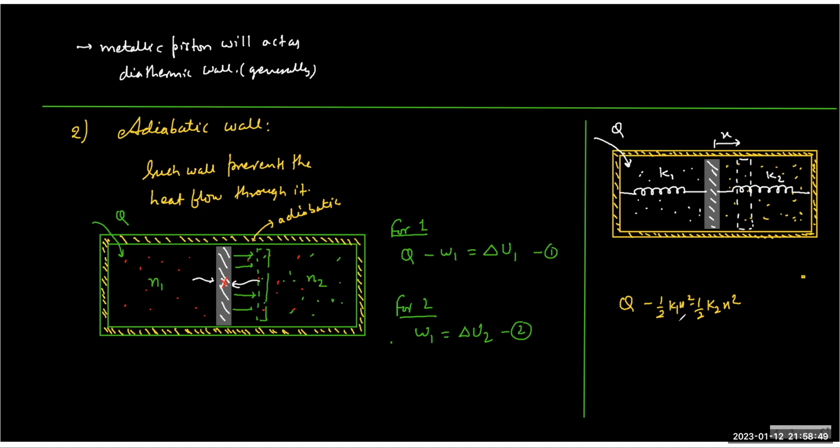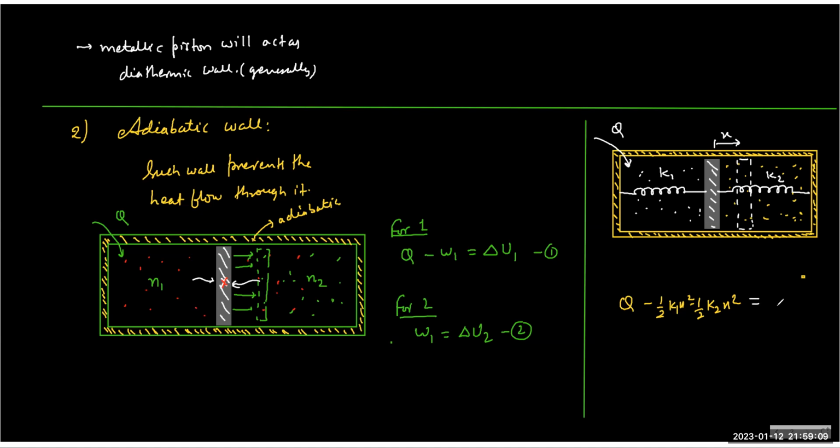Out of Q energy, this much is stored by the springs. What will happen to the rest of the energy? The rest of the energy will change the internal energy of both the systems, which means this must be equal to what?